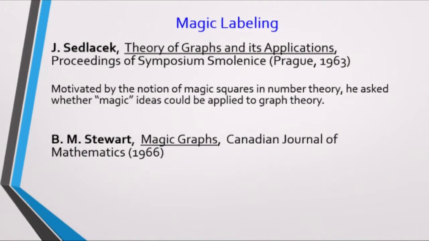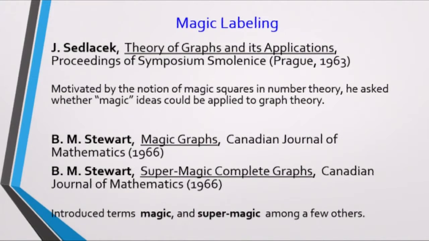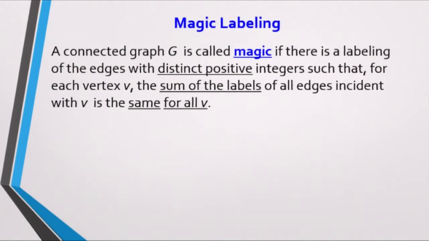Madison Stewart, who was not far from here, a professor at Michigan State University, published a paper called Magic Graph, and the same year also Super Magic Graph on complete graphs. He defined what it means for a graph to be magic and super magic, along with a few other terminologies.